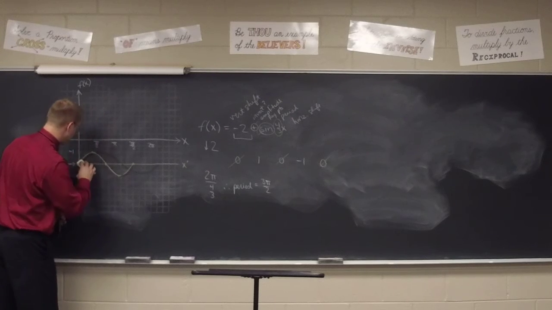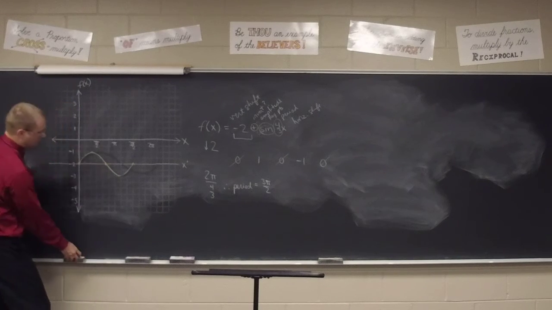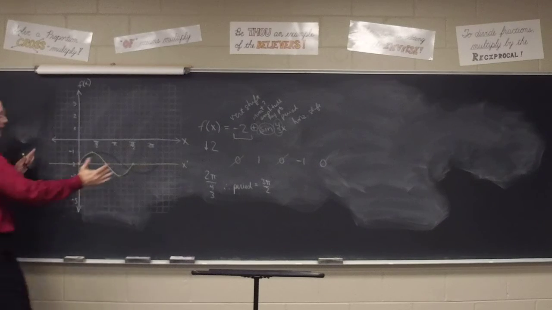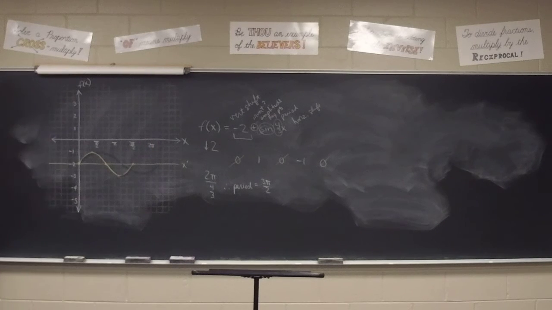And again, if you trace lightly, and give yourself the opportunity to erase markings you decide you don't want, that may be ideal. And there's our curve. We notice it shifted down two, and it's squished in. But otherwise, it's your basic sine curve. Okay. Questions on this?